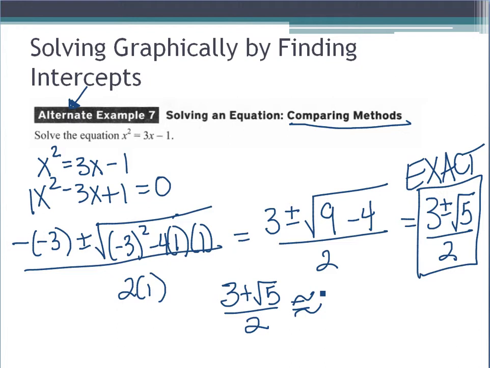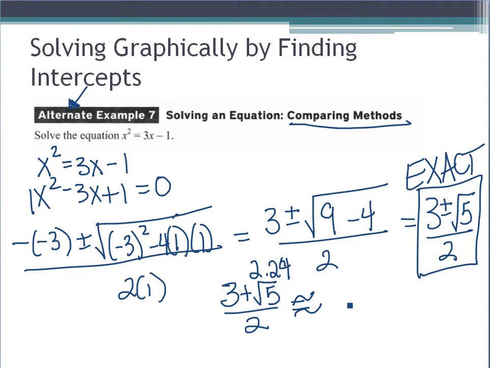So the square root of 5 is 2.236, so 2.24. As soon as you start rounding, you don't have an exact answer anymore. And we really want to have exact answers as much as possible.